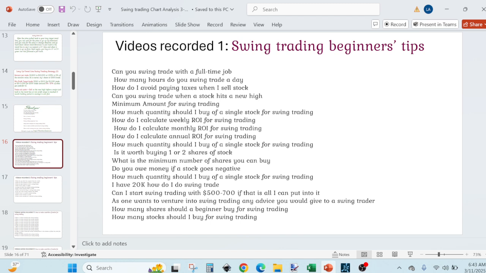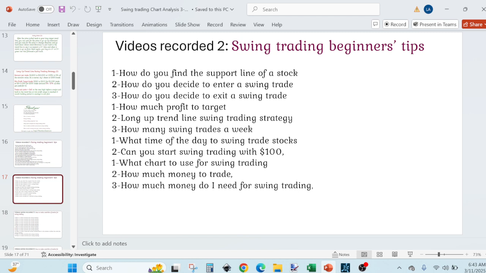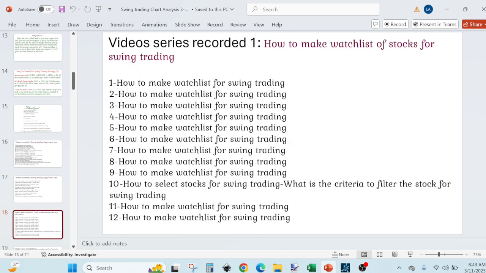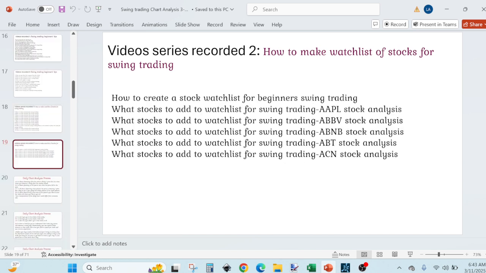We have not published all those videos yet, but they are recorded, and we have a watch list video series that we have published most of, and we have another one in the making to show you the whole process by using one stock in each video, so that when you come across a stock, you can use those filters or customize a little bit to put that stock through to see if it is worth adding to your watch list.